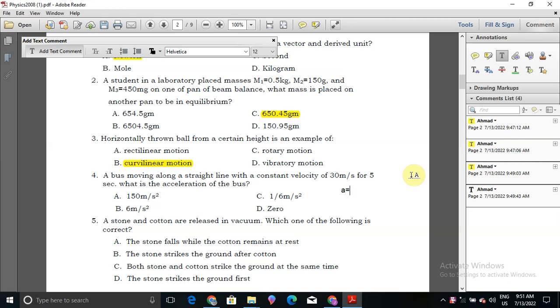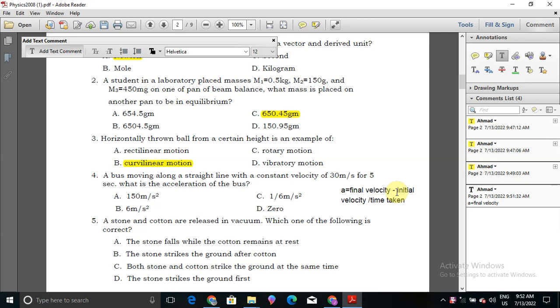It will be final velocity minus initial velocity, over time taken.